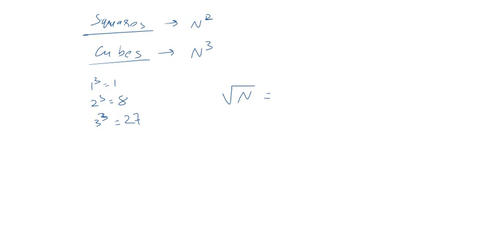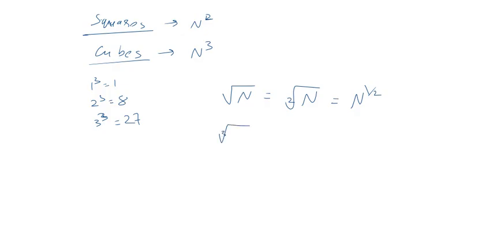What is this? This means the second root, or if you have read exponents, you will understand what I am saying: N to the power 1 by 2. Yes, fractional powers also exist.